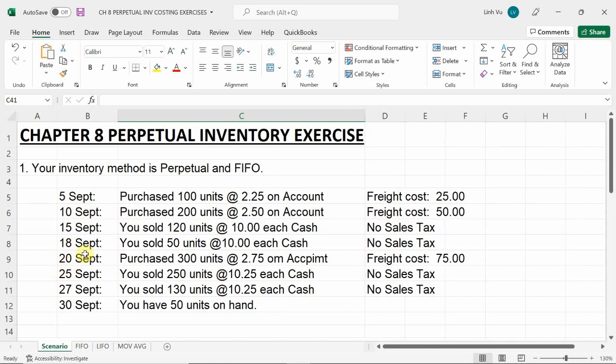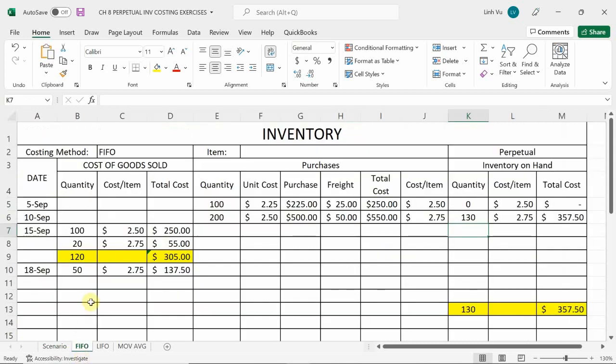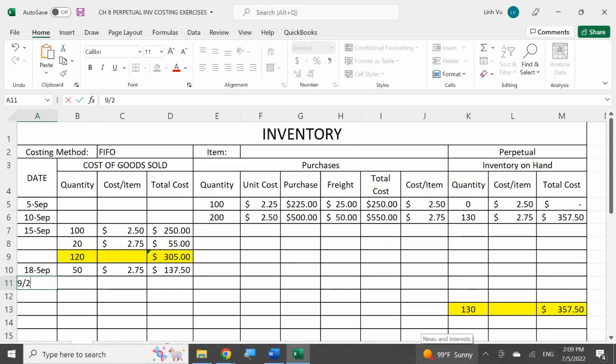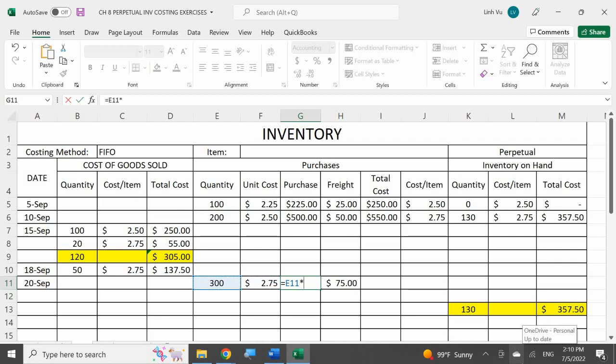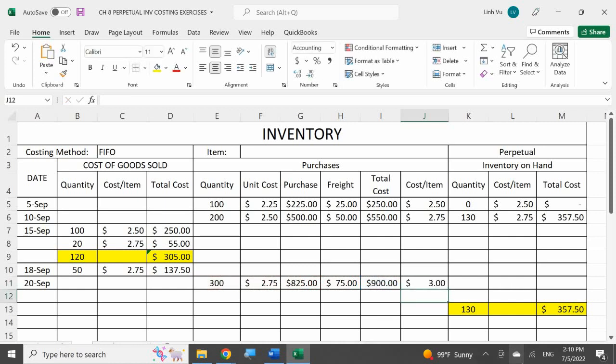September 20th rolls around, and we purchase 300 units at $275 with a freight of $75. What's my purchase price here? $825, plus 75 is $900, giving me a cost per item of $3.